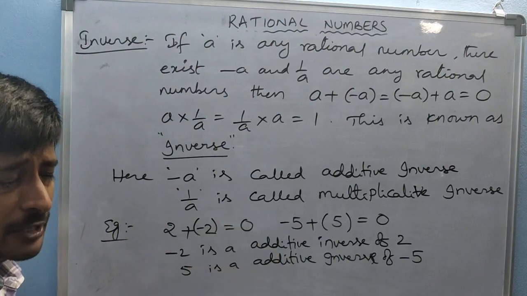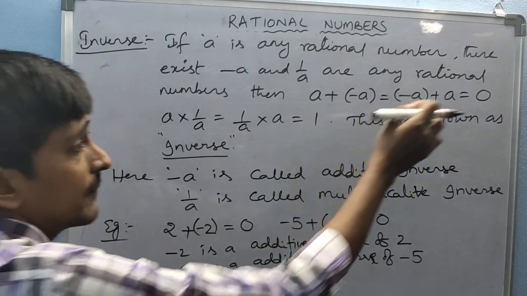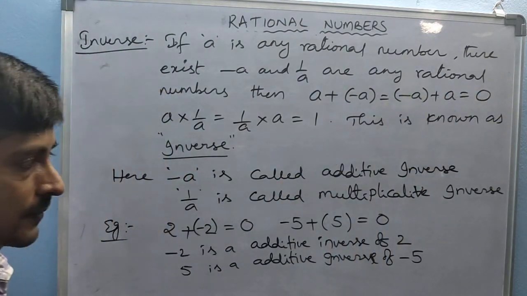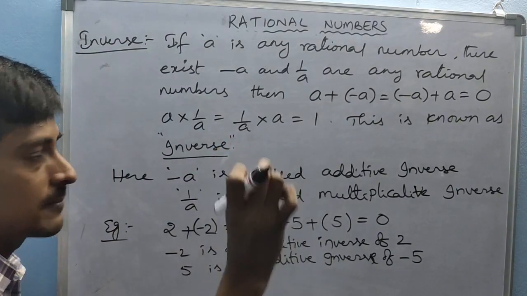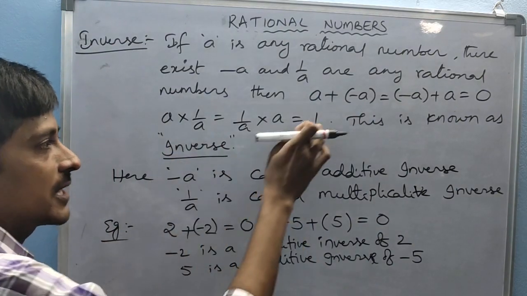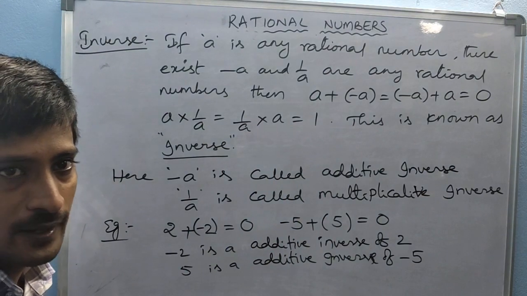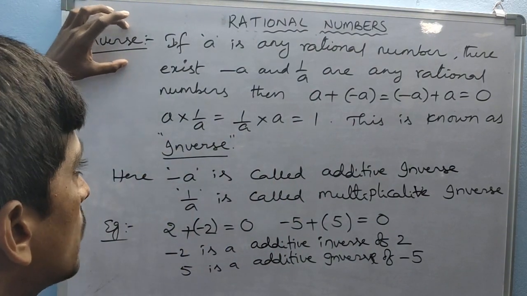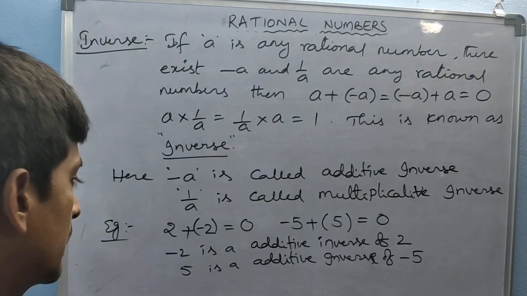The number which is added to a given number gives the additive identity, and the number which is multiplied to the given number gives the multiplicative identity. This property is known as inverse.